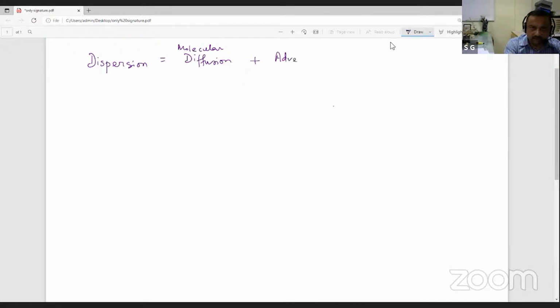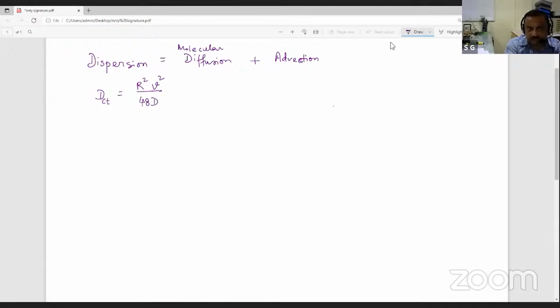Now what we have noticed there is that we have defined first of all a DCT term, dispersion in capillary tube, which we have defined as R square V square by 48D, where R is the radius of the capillary and D is the molecular diffusion coefficient.